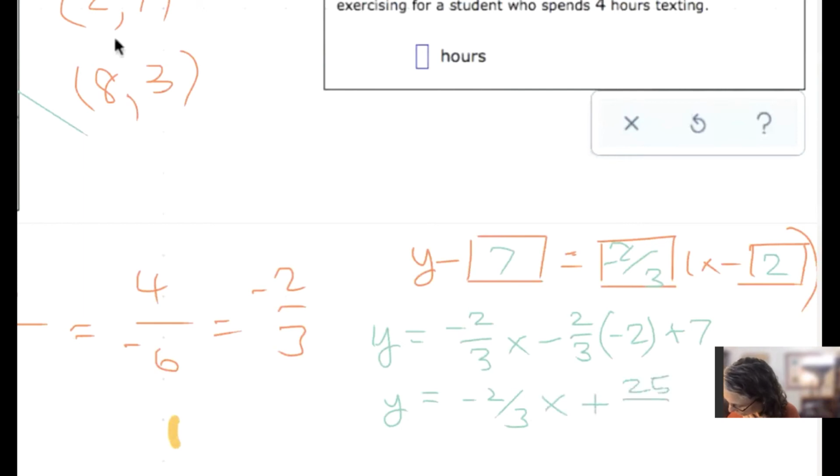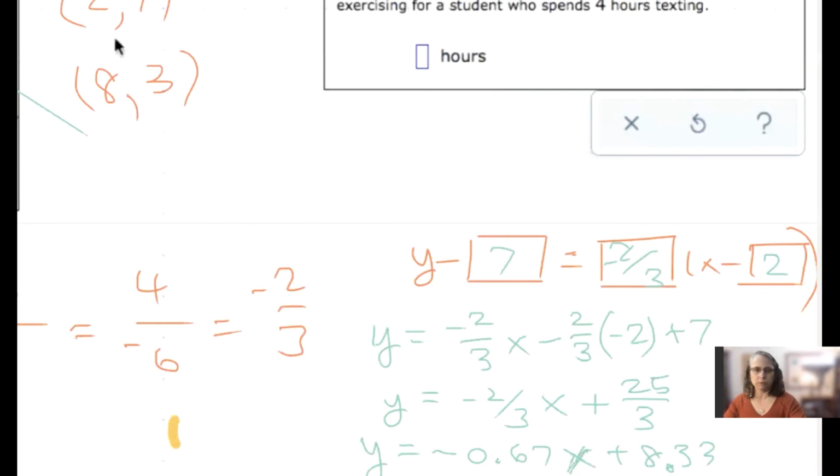You guys can use your calculator to do fractions. So I would have y equals negative, I tend to round to 2 places for these, negative 0.67x plus, that's 8 1/3, so 8.33.